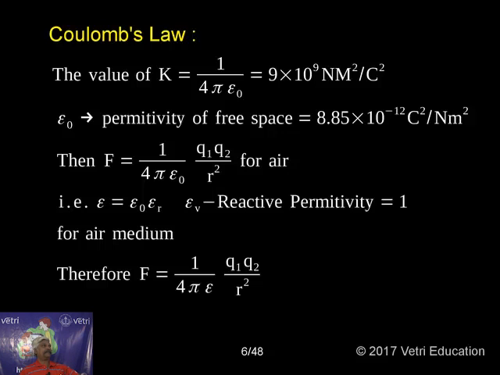If any other medium is given, the formula is modified to 1 by 4 pi epsilon naught into epsilon r, where epsilon r is the relative permittivity, equal to 1 for air medium. Therefore, F is equal to 1 by 4 pi epsilon Q1 Q2 by R square for any media. For an air medium we put epsilon naught alone. For any media, we put epsilon, because epsilon is equal to epsilon naught into epsilon r.